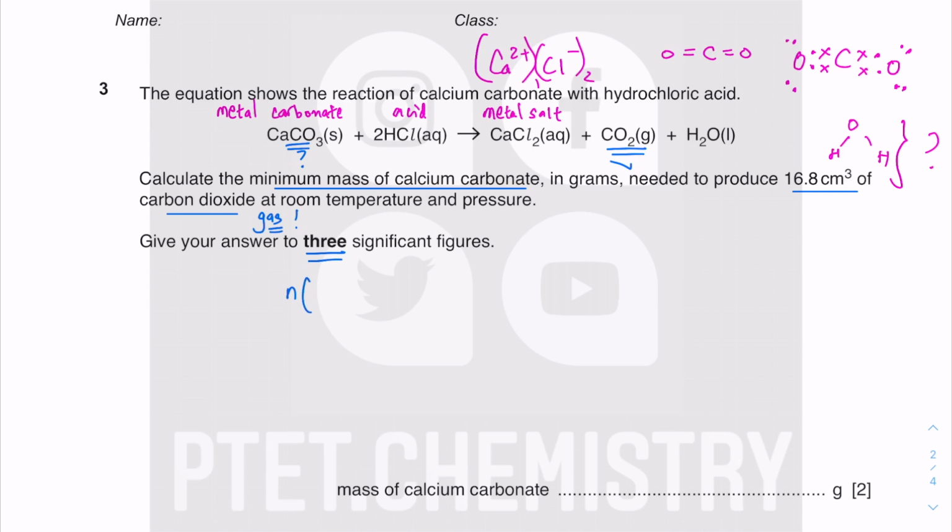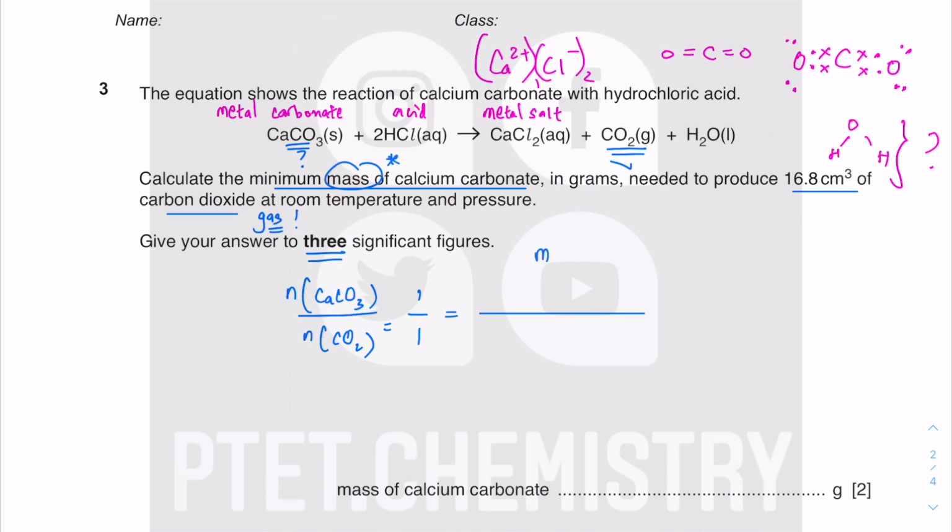Hopefully, you can see that the mole of calcium carbonate over the mole of CO2 is just 1:1. 1 mole of it is to 1 mole of it from the balanced equation. If I do equal, on the top I have the unknown because they want the mass.